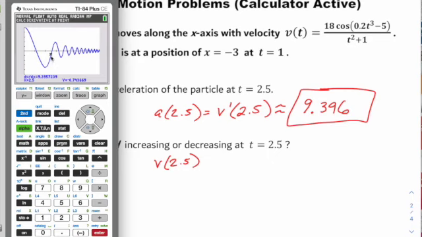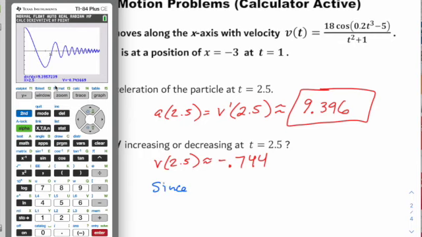Or at least say whether it's positive or negative. And you can actually see at that same spot on the graph, they've given you the y value, which is the velocity at that moment. So velocity of 2.5 is about negative 0.744. And since the acceleration was positive, which we found in part B, but the velocity was negative, different signs mean that the speed is decreasing. And so you just got to say something about that you consider acceleration and velocity.